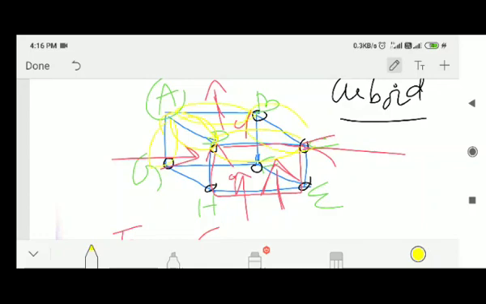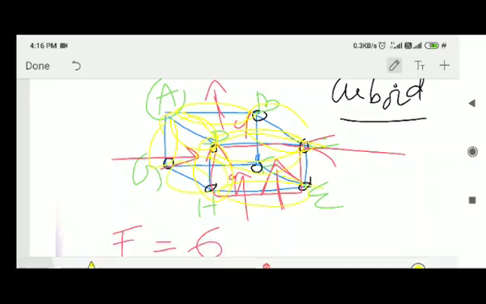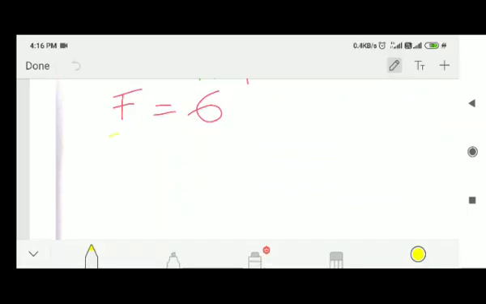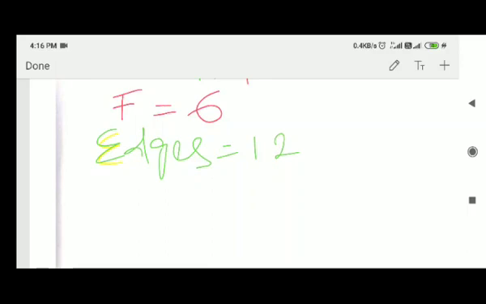Similarly, there are 12 edges in case of a cuboid, and each edge is a line segment. F for faces, E for edges. So how many edges are there? 12 edges are there.